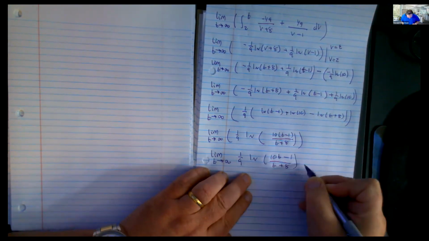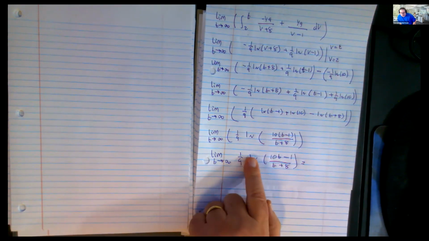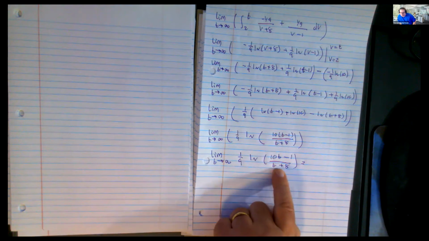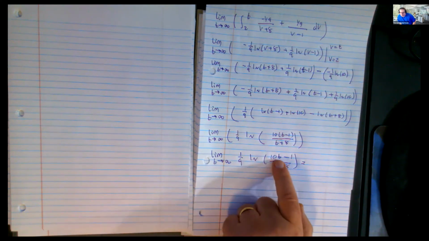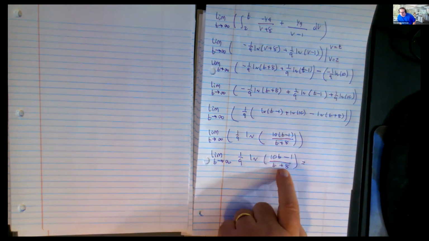Okay, now we're ready to get the answer. Don't worry about the 1/9 in the log. Let's just focus right now on this fraction. As t goes to infinity, what will 10t take away 1 divided by t plus 8 become? You can either do it with L'Hopital or divide top and bottom by t. But what will this become?